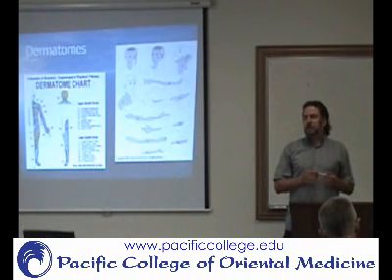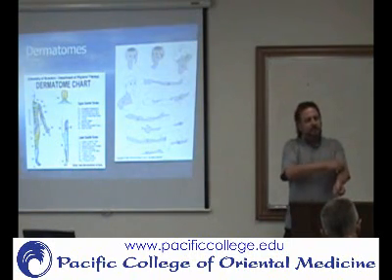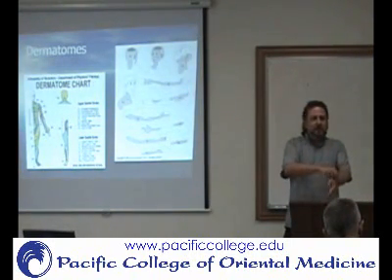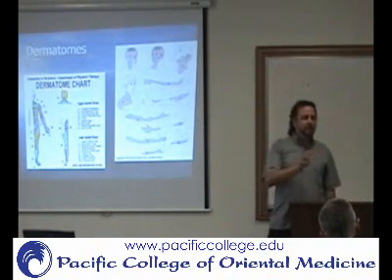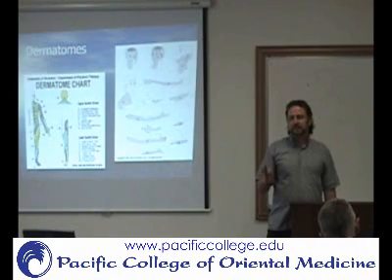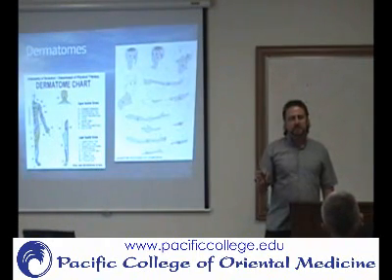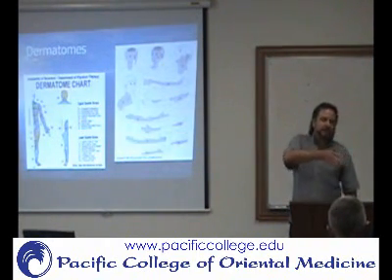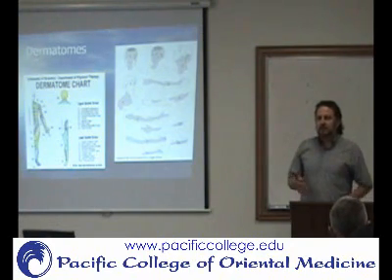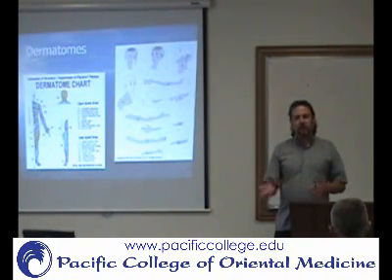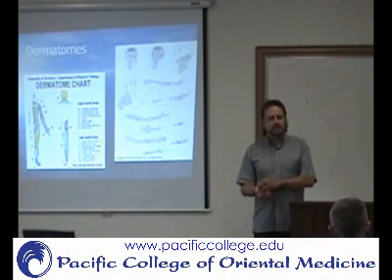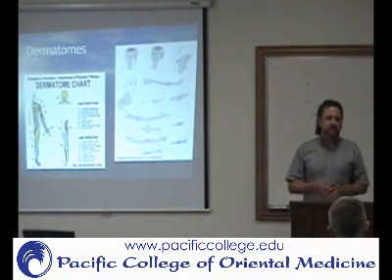But basically when you're testing dermatomes, you're using a pinwheel, you're checking one side compared to the other. And so you map out on that patient where the difference in the sensation is. And then maybe you can later find out which level that is. But you just want to map out the area on the patient when you're doing the exam where their decreased sensation is or increased sensation.